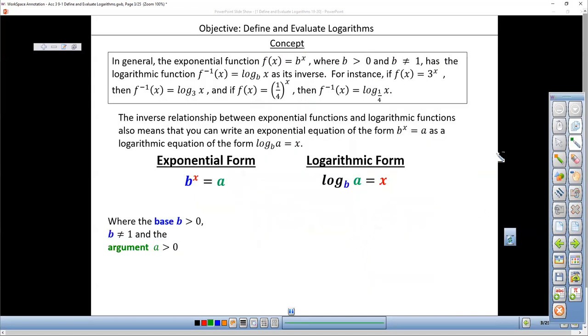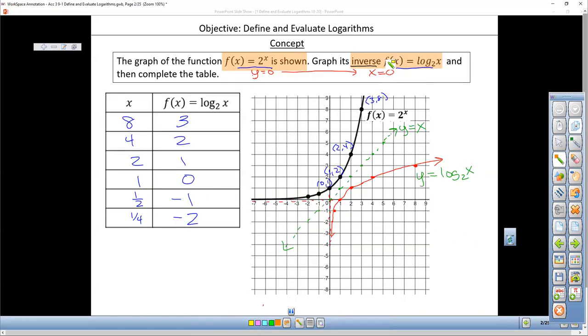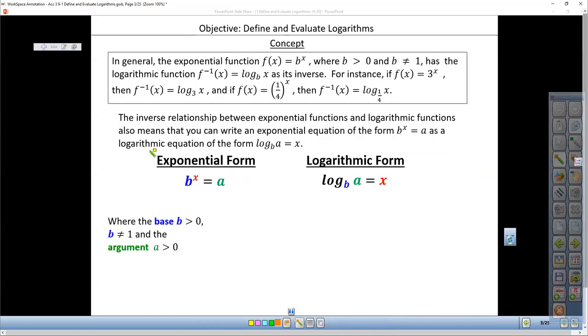All right, so here we're going to talk about that relationship, looking at why the inverse of 2 to the x was log base 2 of x. So here we have our exponential form, written here with the power on the left. It could also be written as a equals b to the x. And here is our logarithmic form, which of course the sides could switch.